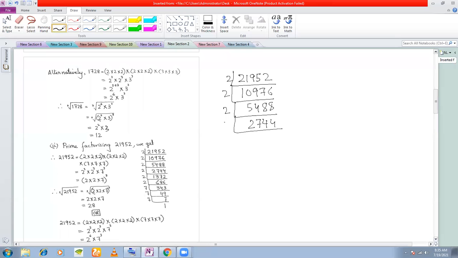I can again divide with 2. Again divide with 2. Again divide with 2. And now you can divide with 3. No, you cannot divide with 3. You have to divide by 7.